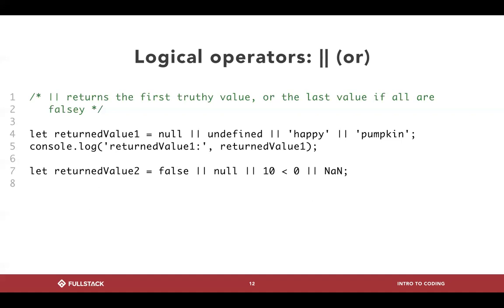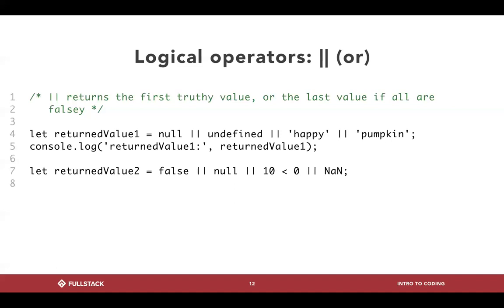Then we have return value 2. So it says false, okay? That's a falsy value. Null, falsy value. 10 is less than 0. So here's a conditional operator. Here's like a statement, right? Or an expression. 10 is not less than 0, so that coerces to false, which is a falsy value. And then none is also a falsy value.